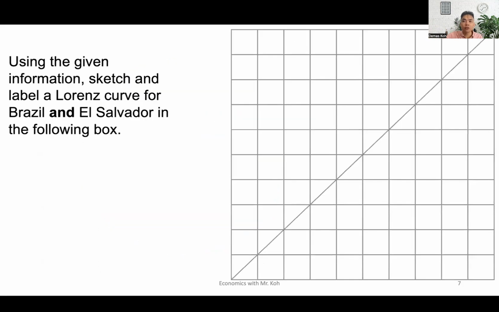Right? So, question. Using the given information in the previous slides, sketch and label a Lorenz curve for Brazil and El Salvador in the following box. And you would notice that the 45-degree line that I've drawn here is actually the line of complete equality. All right, so first of all, we would need to label the axes, the y-axis and the x-axis.